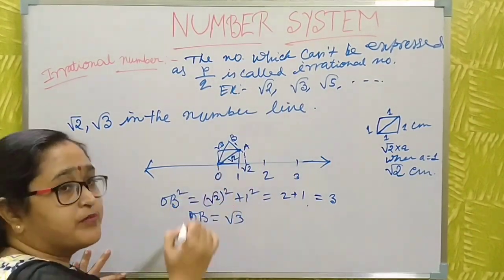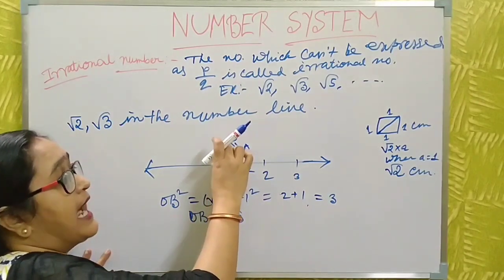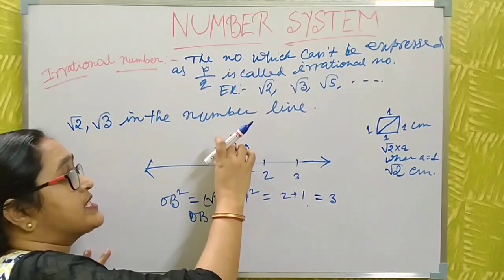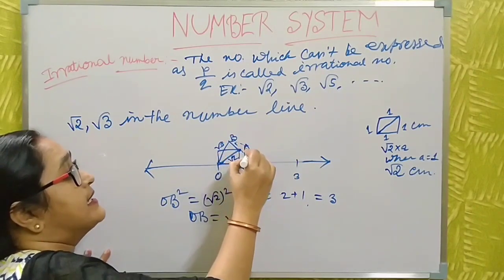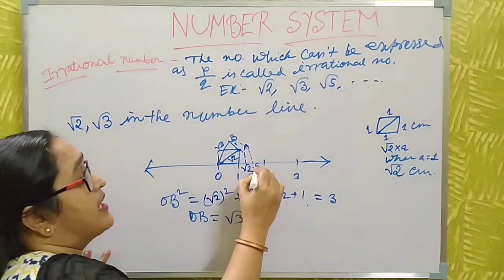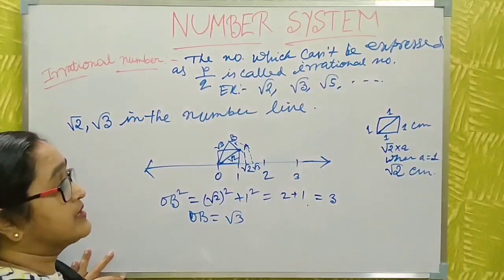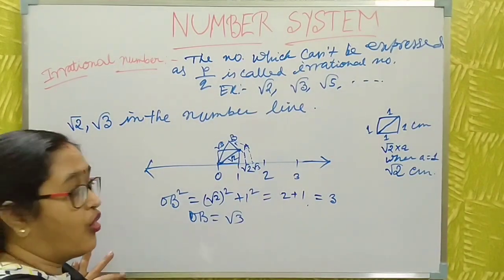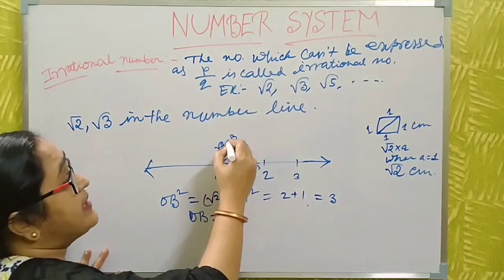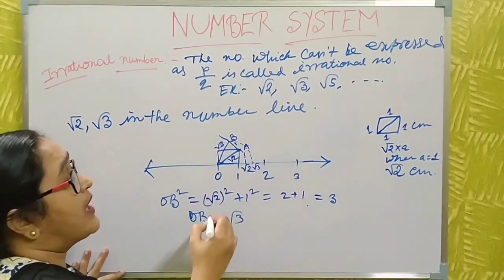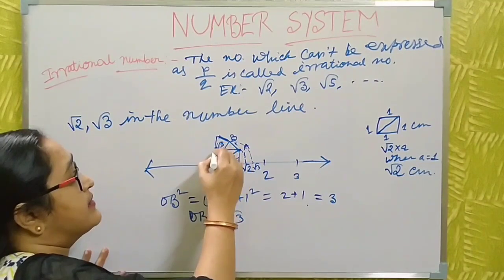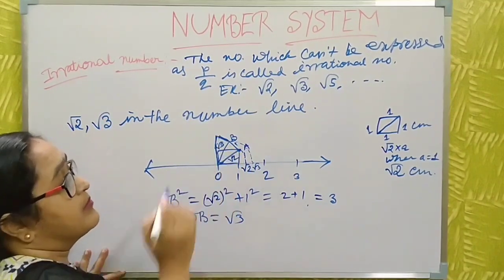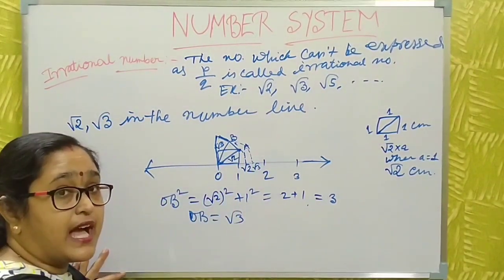Then you put the compass here, take the radius, and put it on the number line, and root 3 is here. Yes. Okay, now root 4. For root 4, you again take root 3 squared and add 1, then join this line.